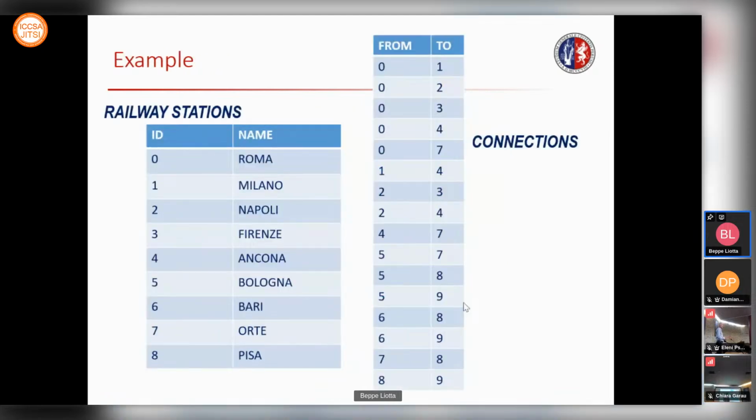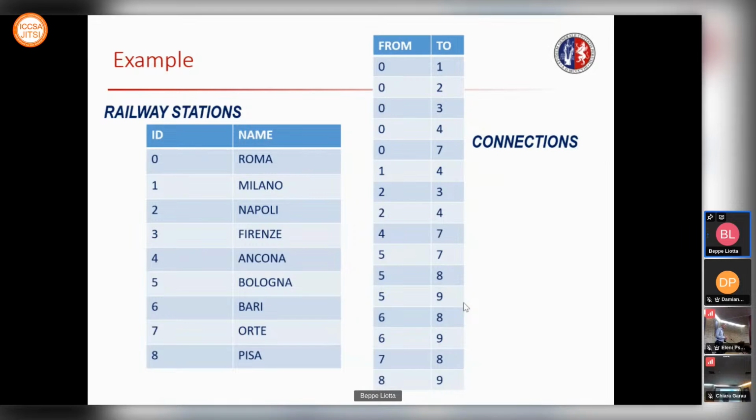Let's consider a case when you have two tables. One table is railway stations. So you have an ID and the name of the station. For example, 0 is Rome, 1 is Milan, 2 is Naples, 3 Florence, and so on. So the ID of the station corresponds to the name of the city where the station is.